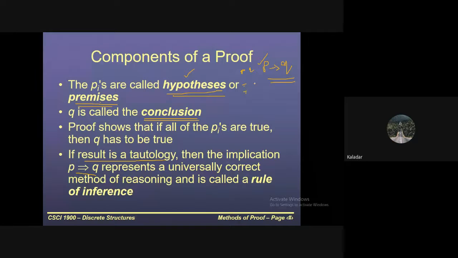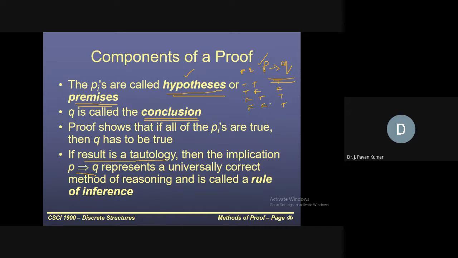It will only be false when p is true and q is false. In all remaining cases, it results in true. So this is the truth table of p implies q, which we have seen already.